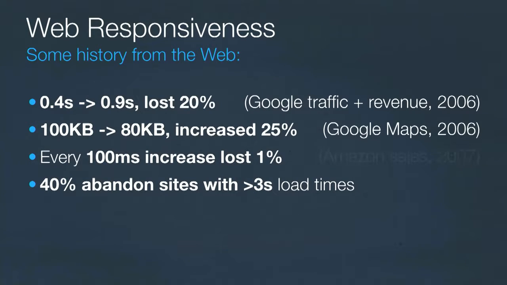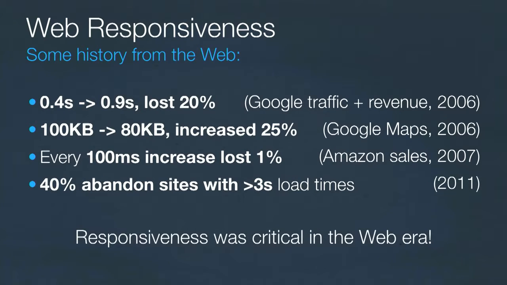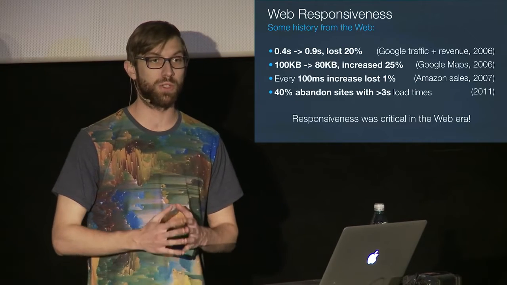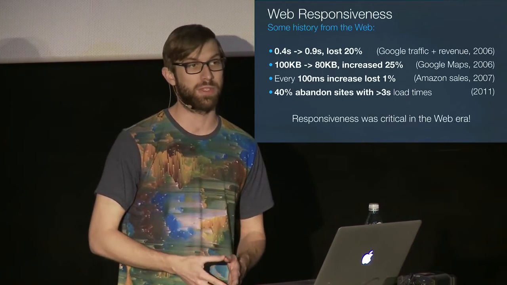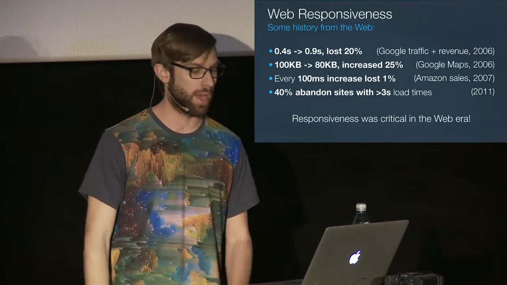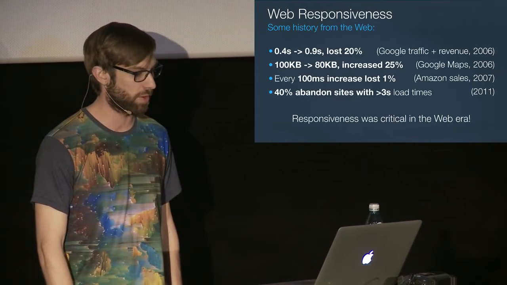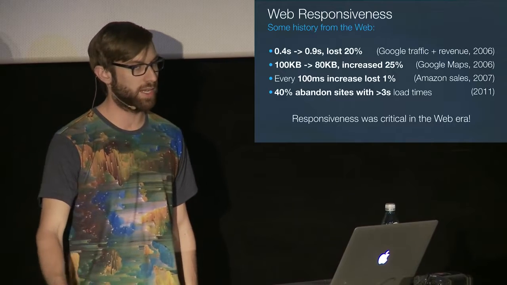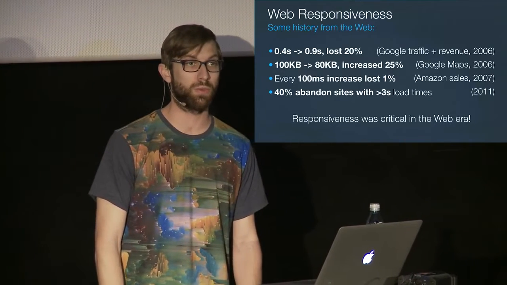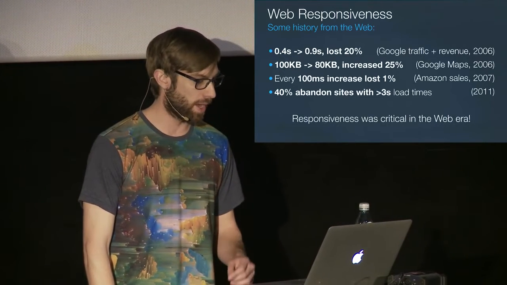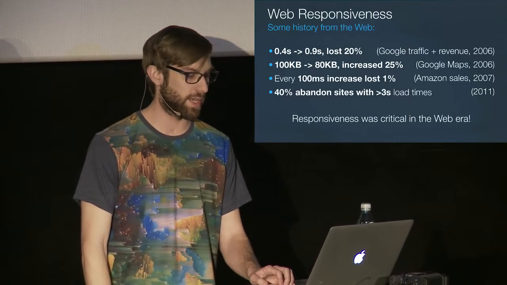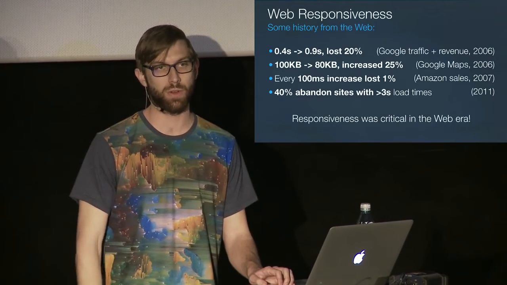The web has studied this topic very extensively and has proven that even very small changes like 100 millisecond time to interact increases in Amazon, reducing sales by 1%, the end of funnel operations of just their front page load. People abandoning sites with just 3-second load times. Just small data size decreases, massively increasing traffic.